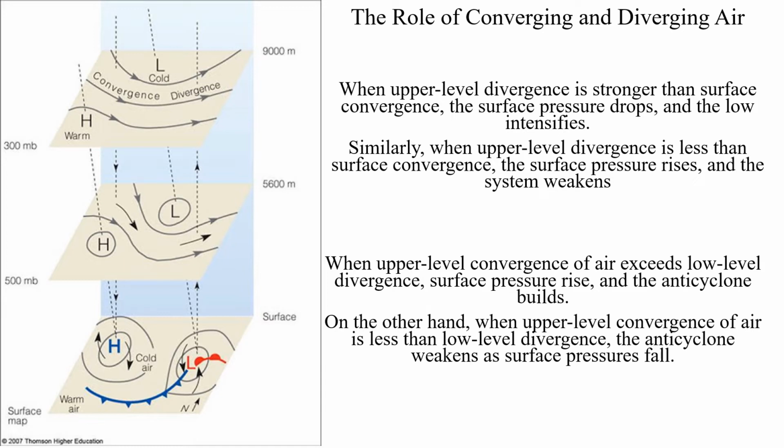This is because in cold, dense air, the atmospheric pressure decreases rapidly with height. As we go all the way up, atmospheric pressure decreases, and this rapid decrease causes cold air aloft to be associated with low pressure.